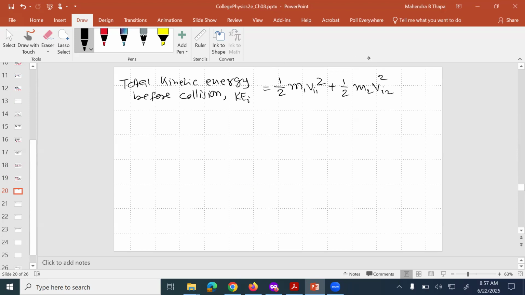Then plug the numbers over here. Half 62 times 4.1 squared plus half 77 times 0 squared. That gives me 521.11 plus 0. So total kinetic energy before collision is 521.11 joule.